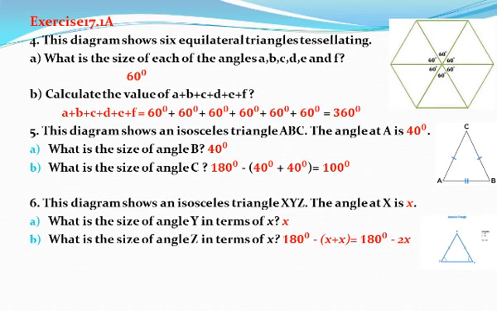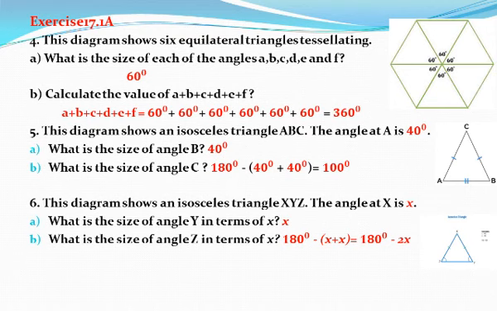This diagram shows 6 equilateral triangles tessellating. What is the size of each of the angles A, B, C, D, E and F? Look at your student book. You can see the diagram. What is the size of each of the angles A, B, C, D, E and F?